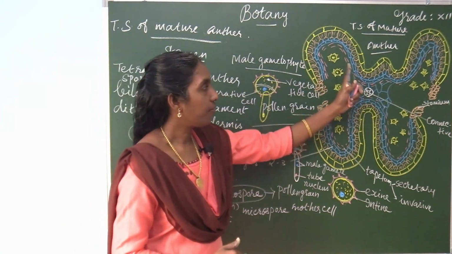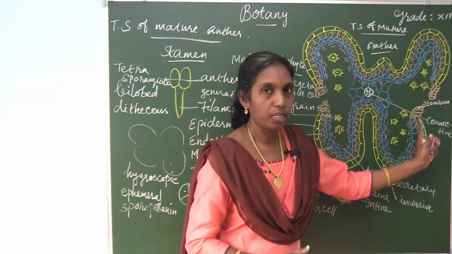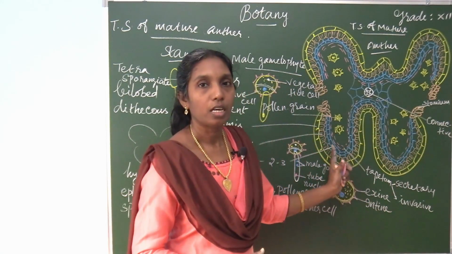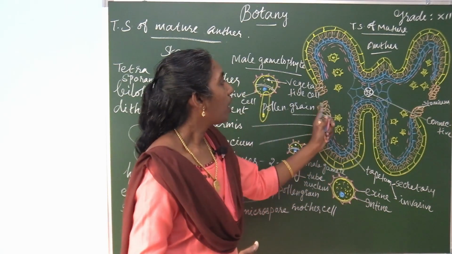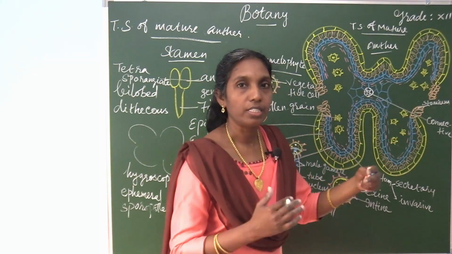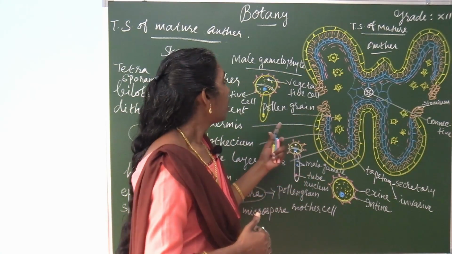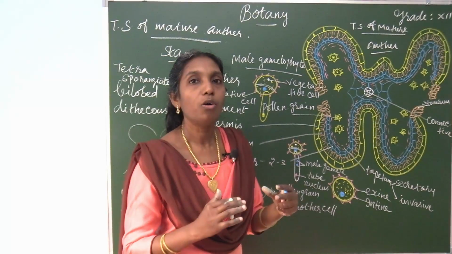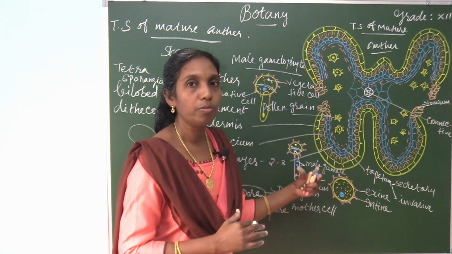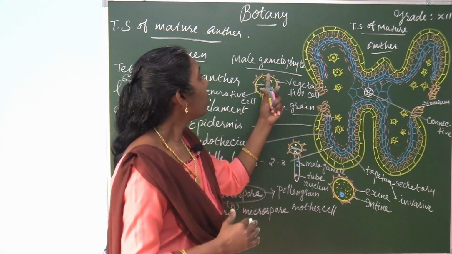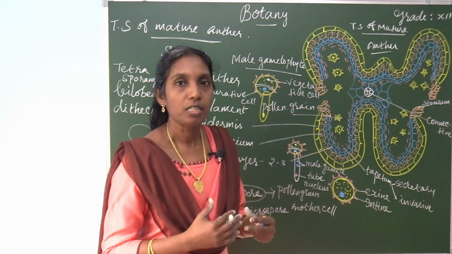The structure and function, and this diagram, are very important. Draw this diagram in your class note, and learn the functions and structure of each layer. Then learn the male gametophyte, how the pollen tube develops and how the male gametophyte is formed.